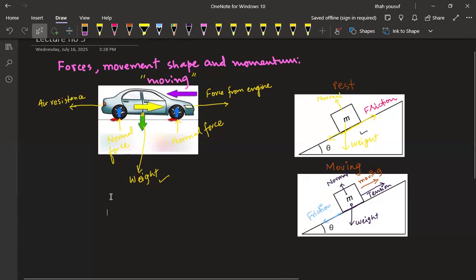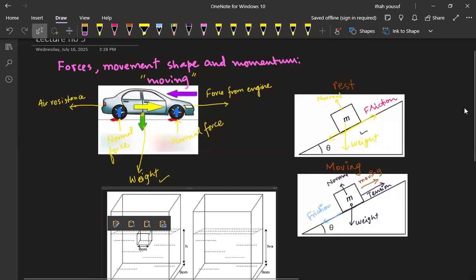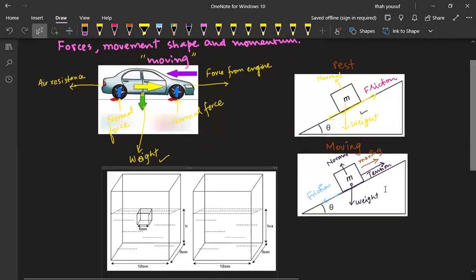Let's see this one. I have taken a different picture, but it can give the concept. So over here the object is submerging, and we can apply the concept here.